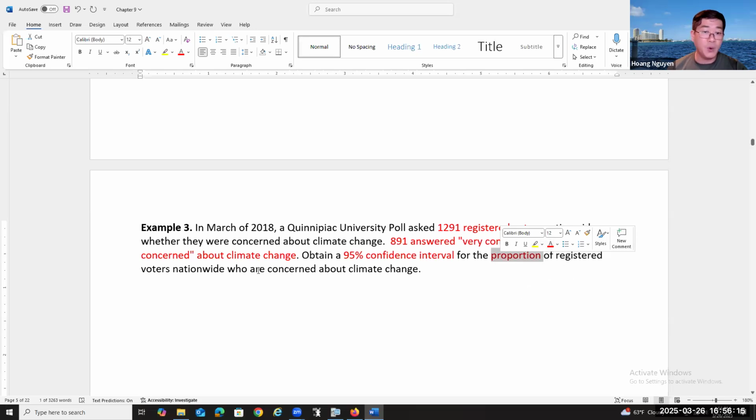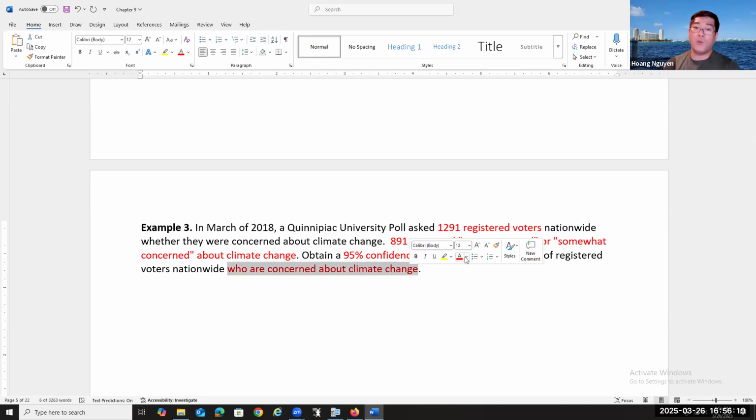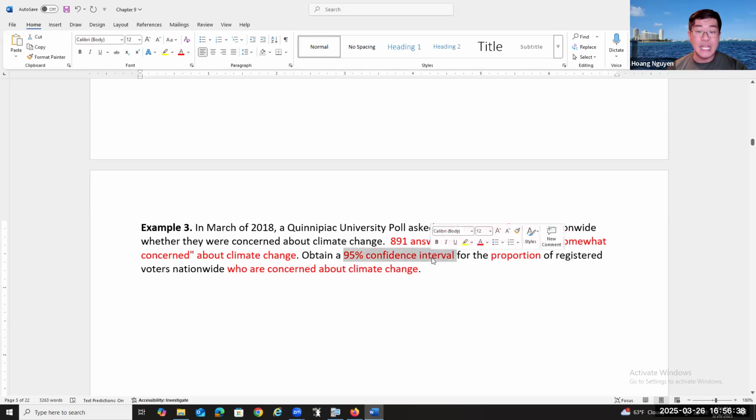Of registered voters who are concerned about climate change. So we want to know what's the 95% confidence interval to estimate the population proportion of registered voters who are concerned about climate change.